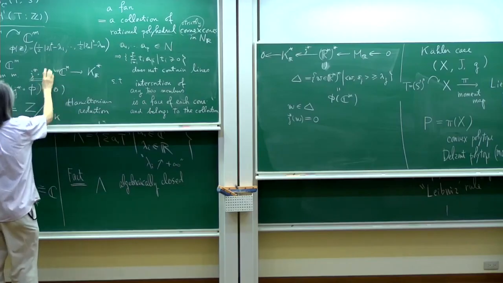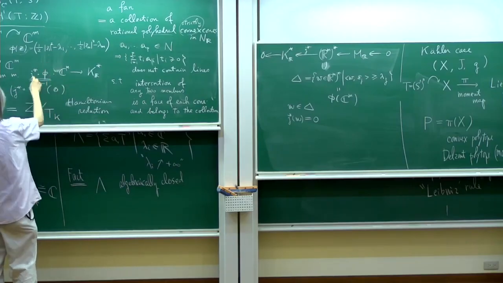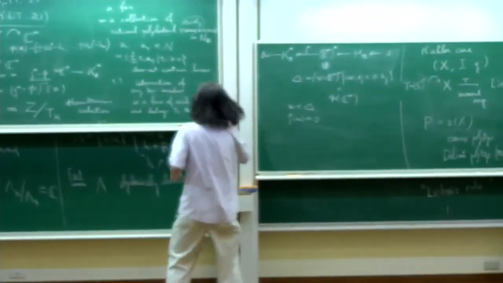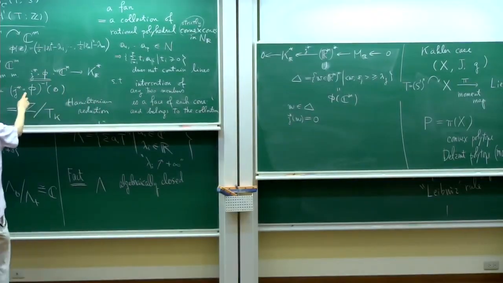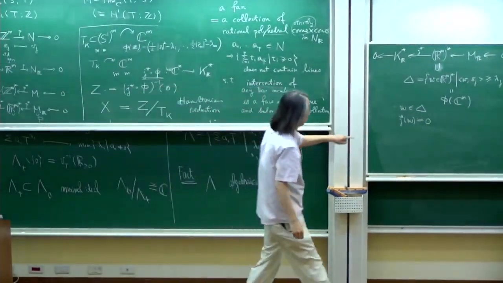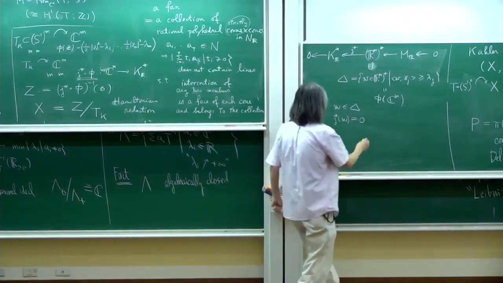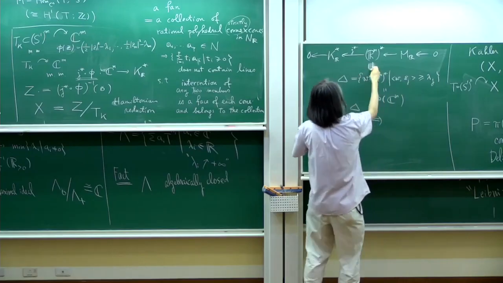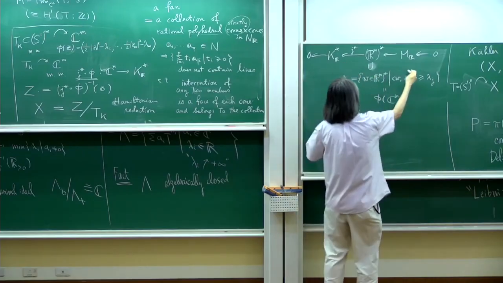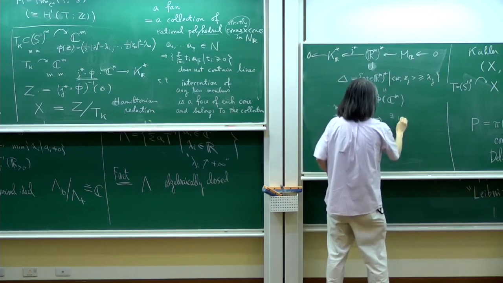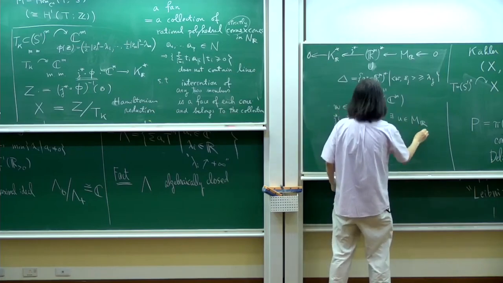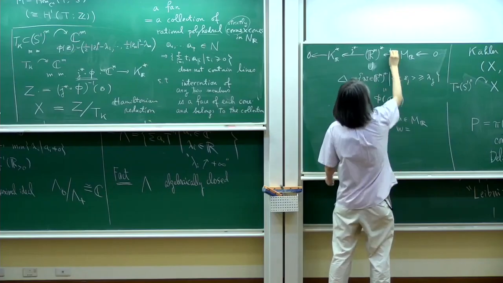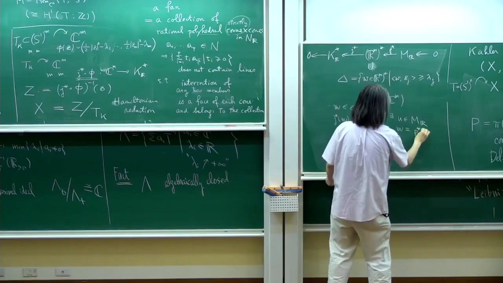So you take an image of phi and then consider the zero set of this. If W is a phi of Z, then I'm considering the inverse image of this one. But this is equivalent to saying that, because this is an exact sequence, if something is killed by this, then something comes from here, right? So there exists some U, so that W is written as P star of this U.